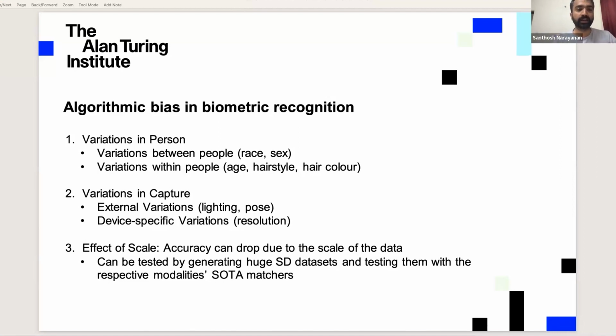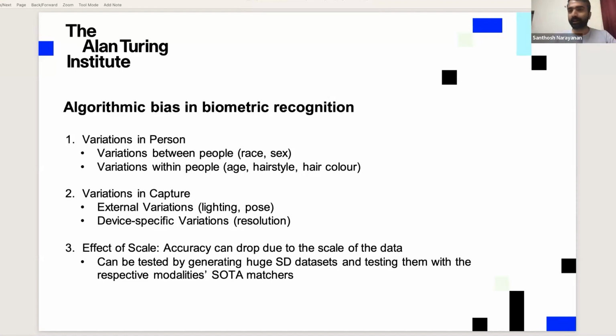Issues can also arise when the image that you are capturing during the authentication or identification is of a different specification, either due to the lighting or the resolution, or maybe even things like the pose of the image. And finally, these biases that these algorithms can have also change as these systems scale, right?